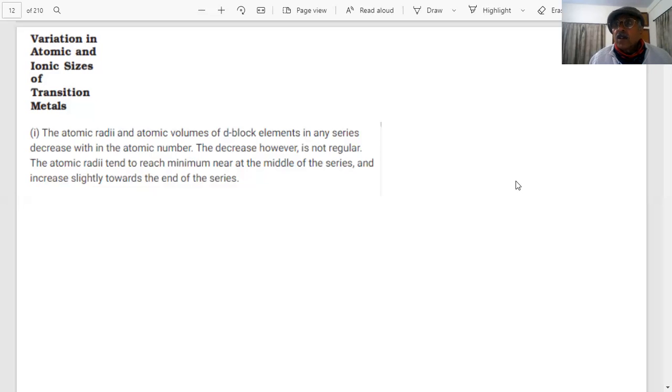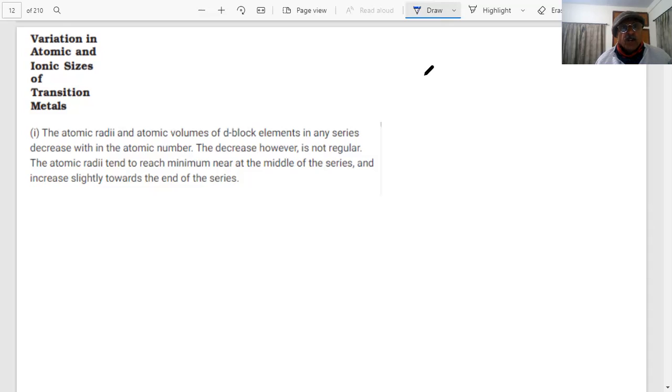We have already discussed the electronic configuration of the transition elements, and another important thing is the atomic sizes and ionic sizes of transition metal ions. If I consider the 3d series, what do you see in this?